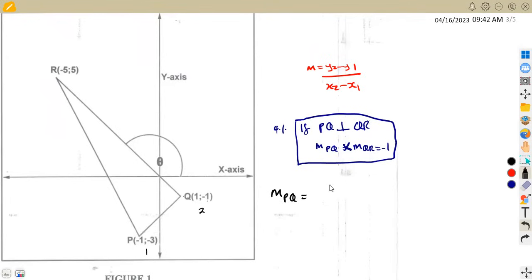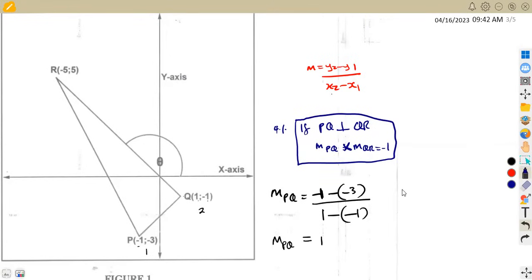So y2, that's negative 1, minus y1, which is negative 3, over x2, which is 1, minus x1, which is negative 1. If we simplify this, we obtain a positive 1. So this is the gradient of PQ.